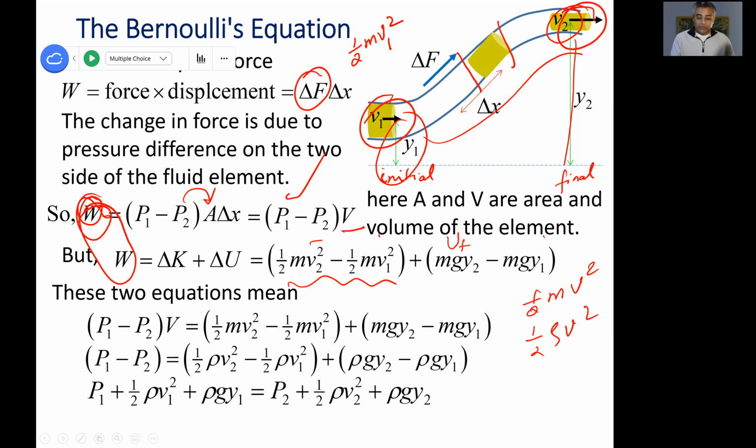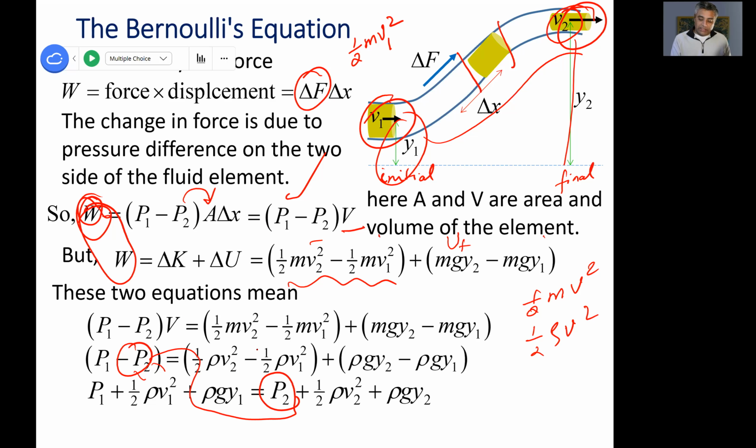Okay, so what I'm doing is I'm just bringing all the terms that have subscript one to one side and the ones with subscript two to the other side. This P2 has a negative sign, so when it goes to the other side, it becomes positive.